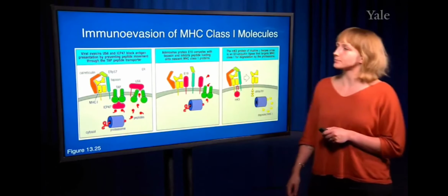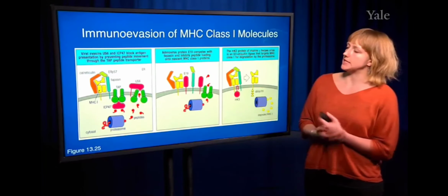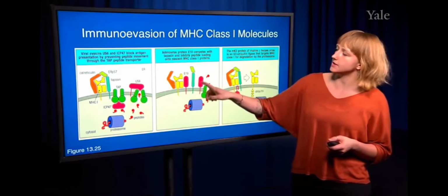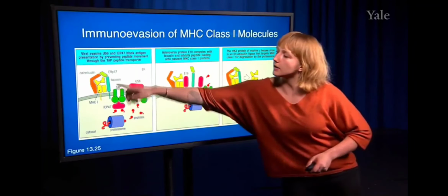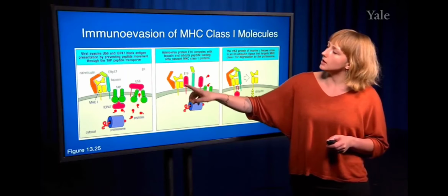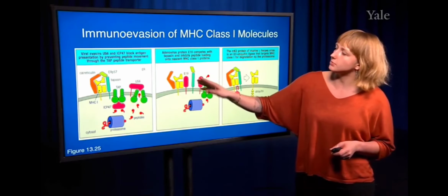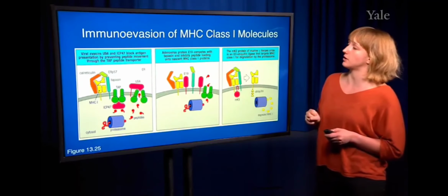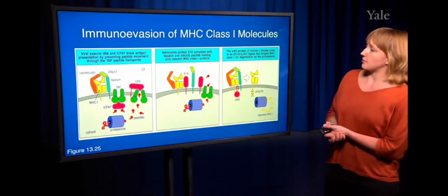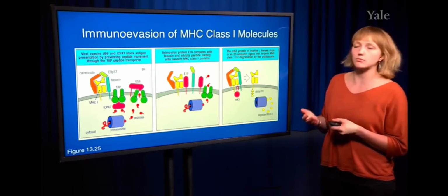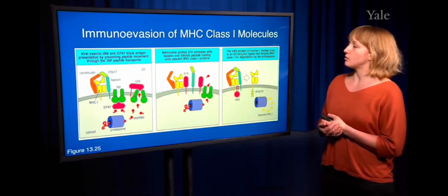Adenovirus protein E19 will actually compete with tapasin. So here is tapasin that interacts with the MHC class 1 molecule. And so E19 will replace tapasin and prevent peptides from being loaded onto nascent MHC class 1 molecules. And murine gamma herpes virus has an MK3 protein, which is an E3 ubiquitin ligase, which will target MHC class 1 molecules for degradation.